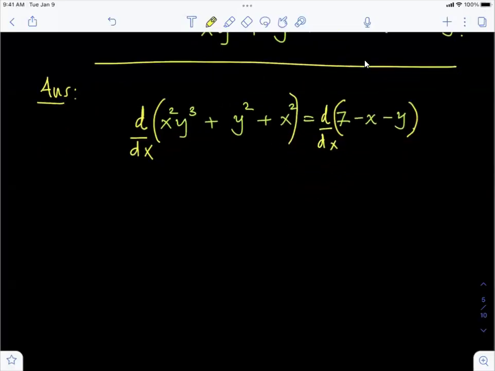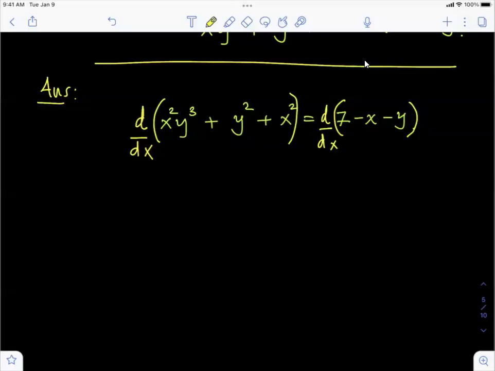Now, derivative of this plus the derivative of that. And we know the linearity property of the derivative. The same thing goes in the right hand side. We know the linearity properties and we know how to take the derivatives of each component because that's various types of problems than the product rule.